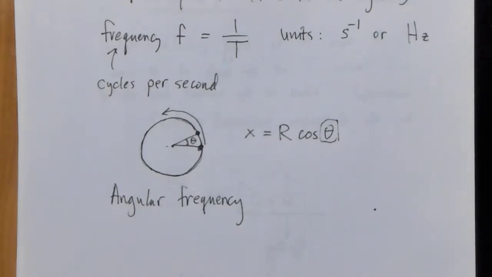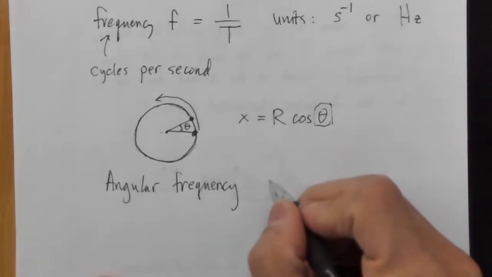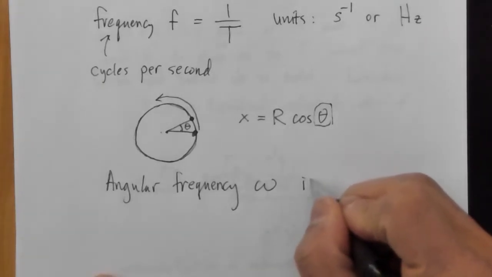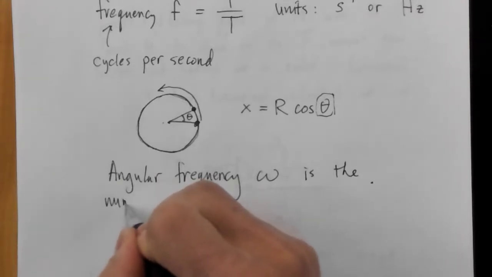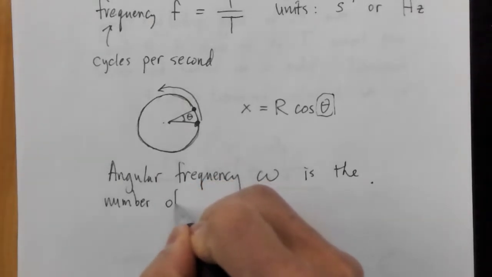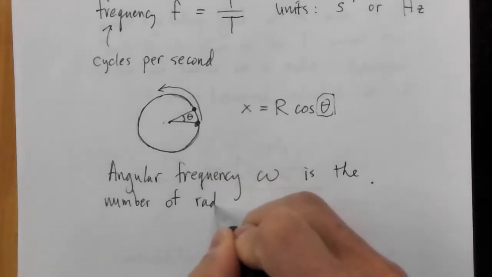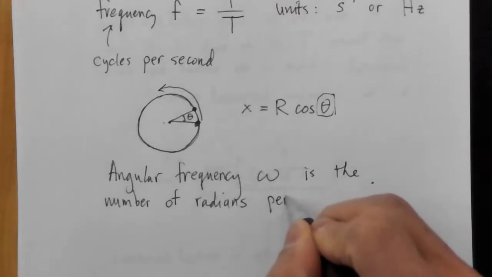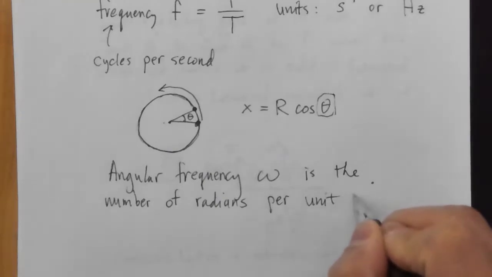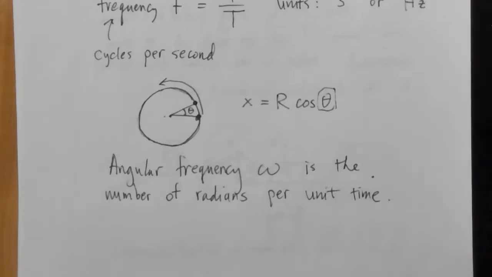Everybody good on that? Okay. So the angular frequency, omega, is the number of radians per unit time, or per second.